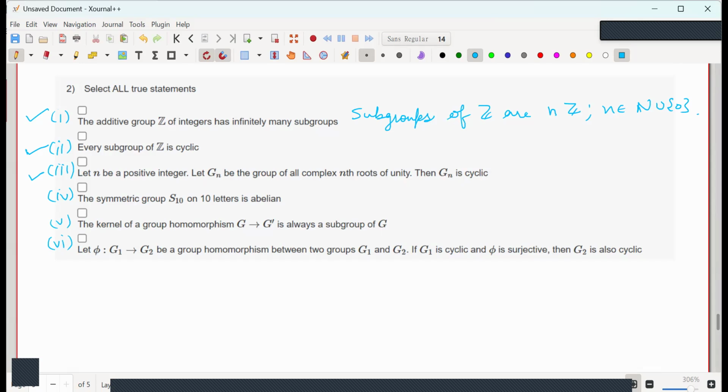It's called a primitive root of unity, and it is of this form: e raised to 2 pi i by n, which in complex notation is cos 2 pi by n plus i sin 2 pi by n. So it's a complex number and it generates all the roots, it is the generator.